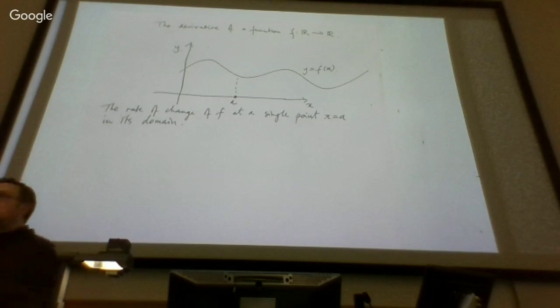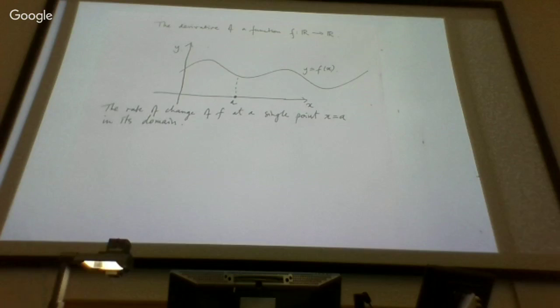And some of the important second-year courses and third-year courses in your degree are concerned with the study of how to solve differential equations. That lies at the heart of the majority of mathematical modeling of problems in engineering and physics anyway.